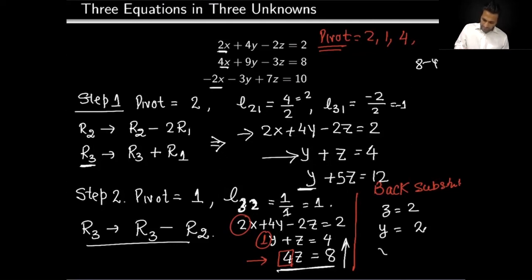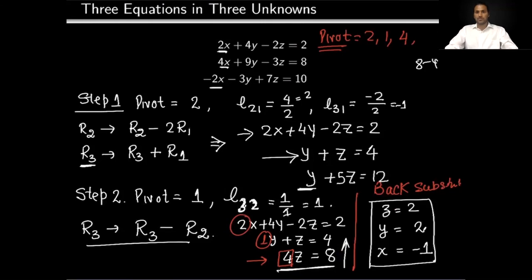And if I plug y and z equal to 2 into my first equation, then I get x is equal to negative 1. So this is my solution: x is equal to negative 1, y is equal to 2, and z is equal to 2 by doing the back substitution. This method is called the Gaussian elimination method because it was first introduced by Gauss. Therefore, it is known by his name.